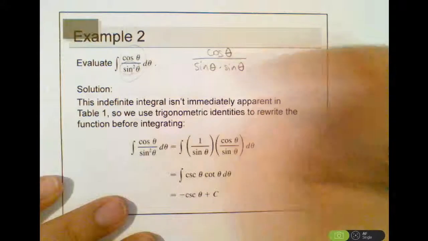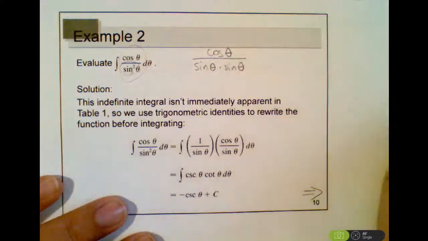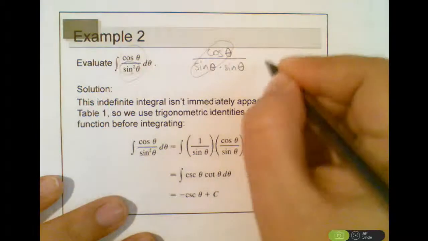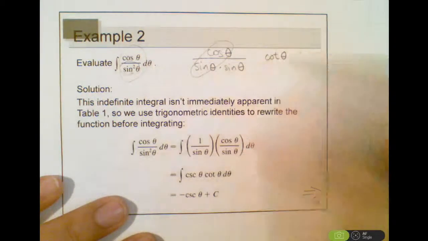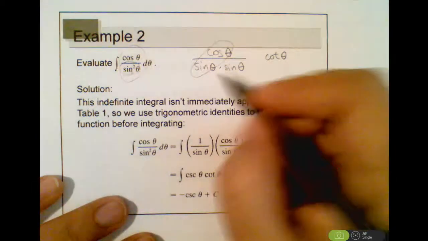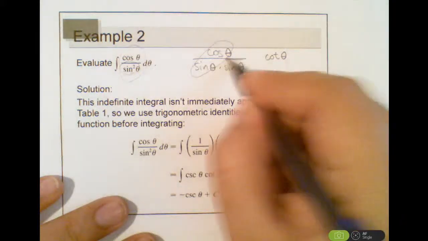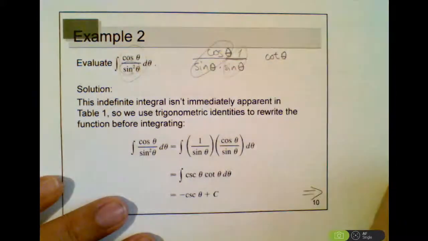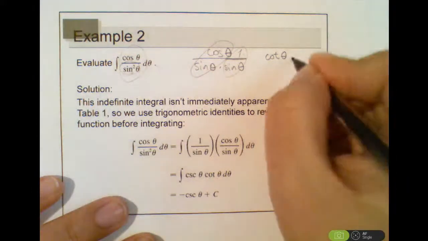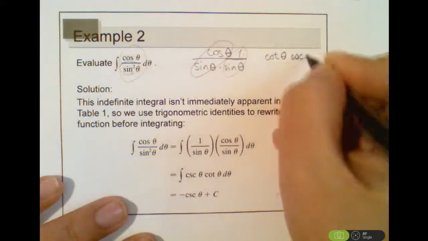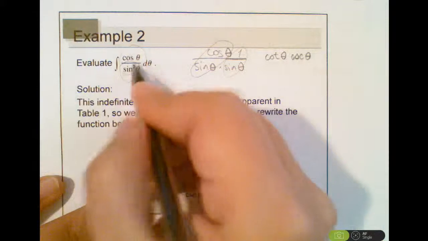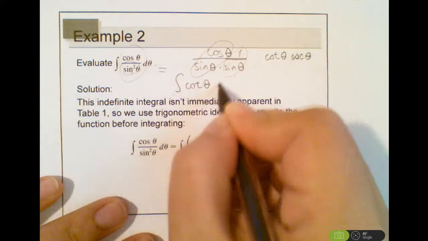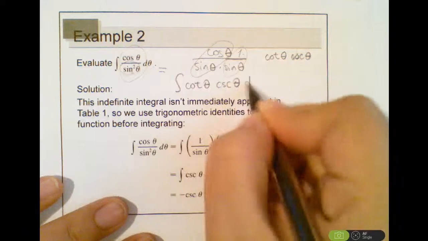Now every time you have sine over cosine, you have tangent, but if you have cosine over sine, then you have cotangent. Now what is left is a sine that is below the division line, so this is like having the reciprocal of sine. The reciprocal of sine is cosecant. So this expression can be rewritten as the integral of cotangent of theta, cosecant of theta, d theta.